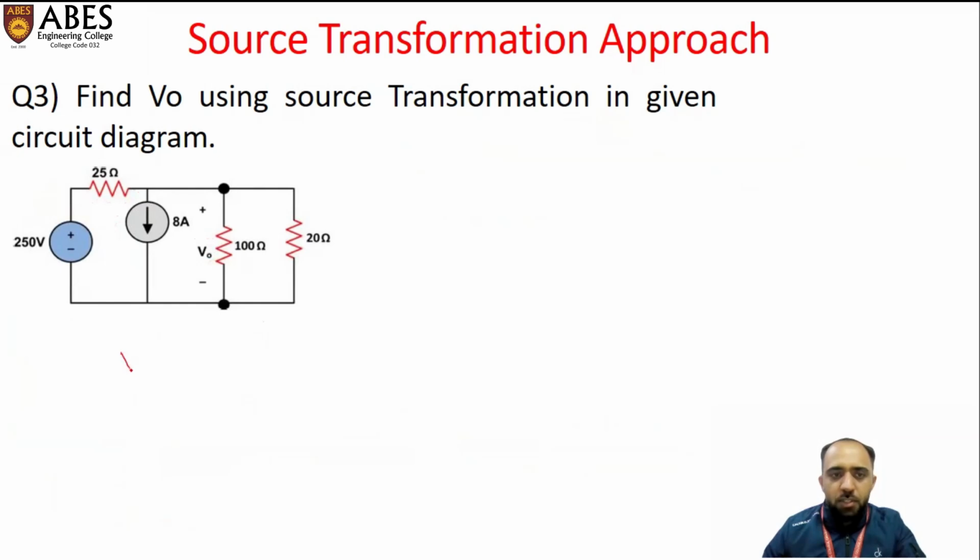As the second step of this circuit, current source of 2 ampere and the resistance of 11.11 ohm and the resistance of 100 ohm.